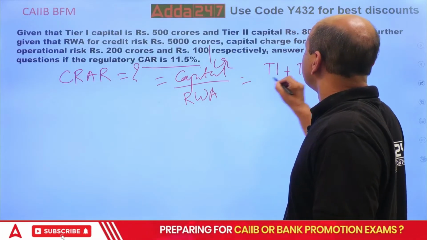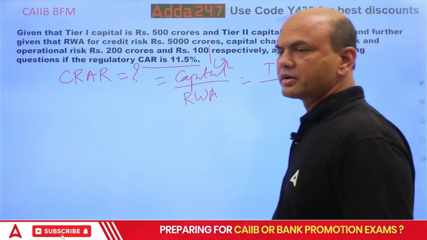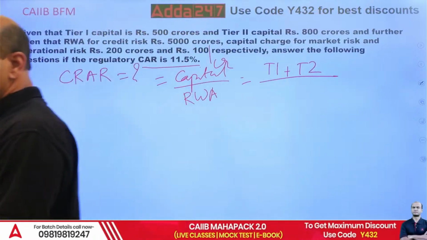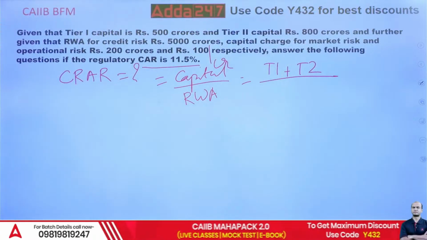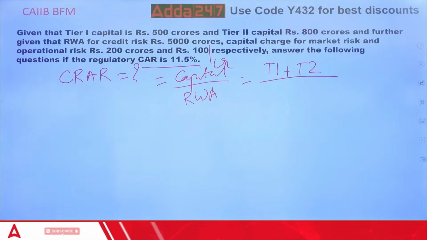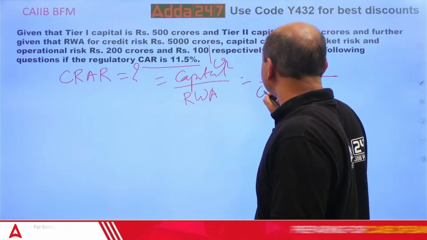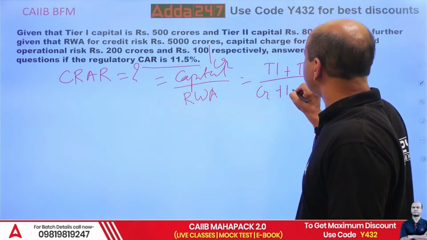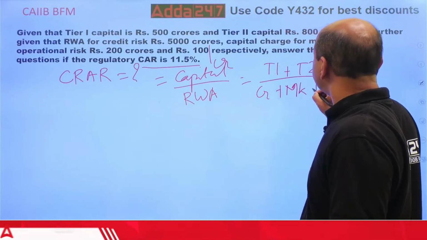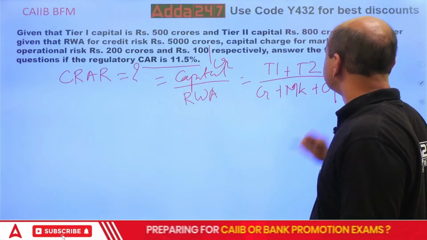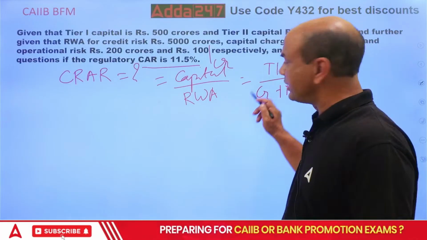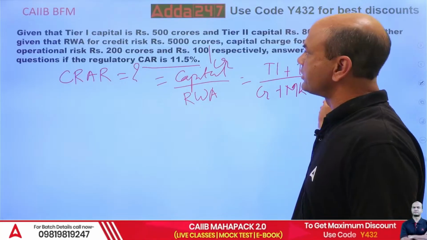And RWA is of 3 types: credit RWA plus market plus ops. These are the 3 RWAs. So you have to find both these, T1 plus T2 and credit, market, ops.